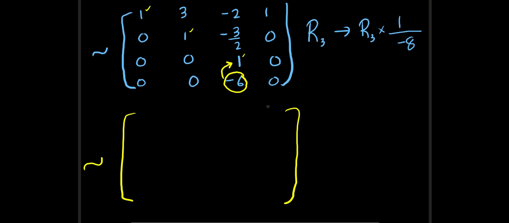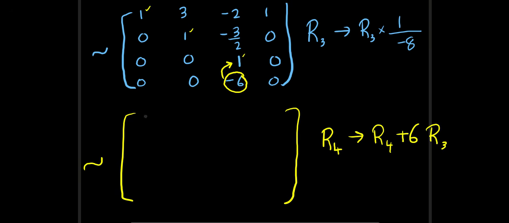My target is in the fourth row. So R4 changes to R4 plus. I can write this because the target element is negative, and I know minus 6 plus 6 into 1. So that means plus 6 into the member in R3.